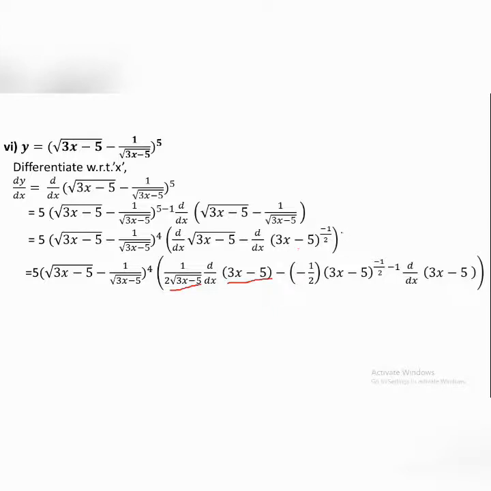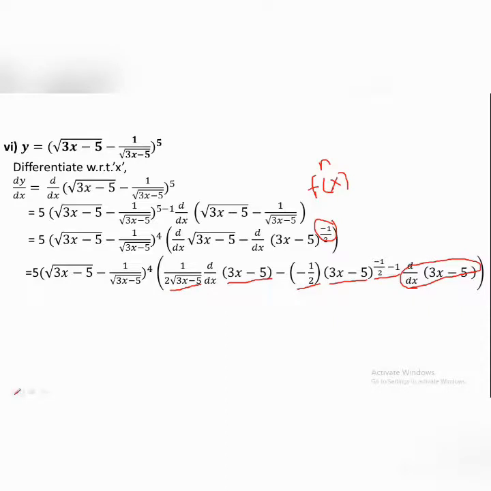Now here we want to use the f of x raised to n formula. So f of x raised to n becomes n into f of x raised to n minus 1 into d by dx of f of x, where n is minus half. So here it is minus half into f of x raised to minus half minus 1 into d by dx of f of x, where f of x is 3x minus 5.